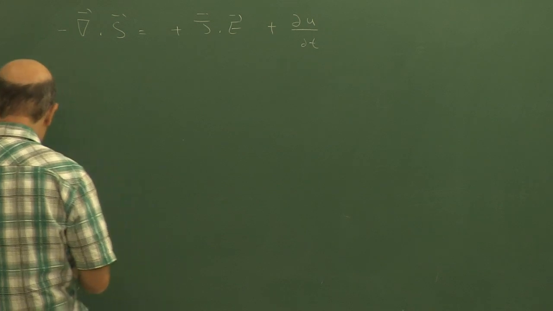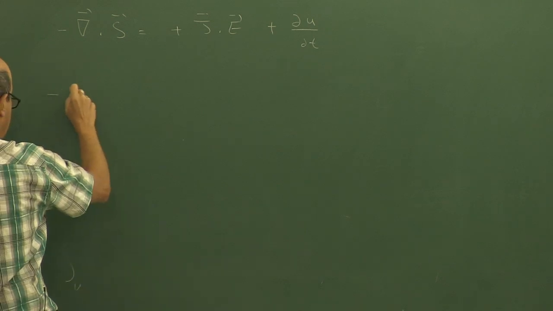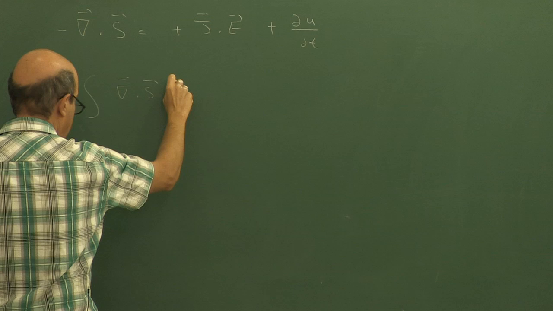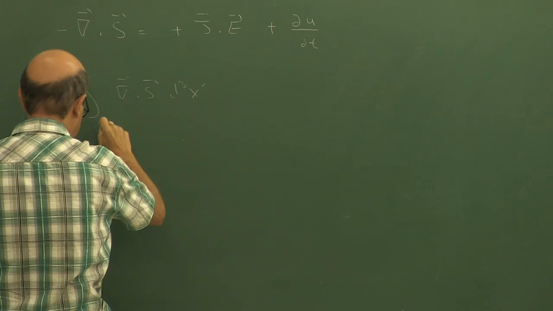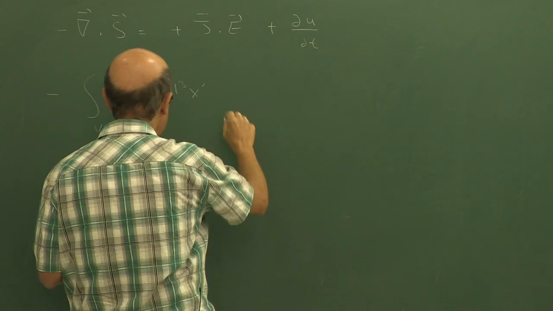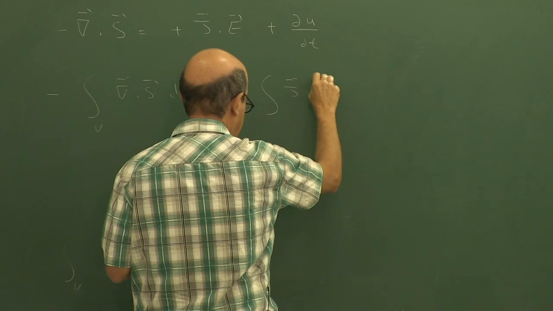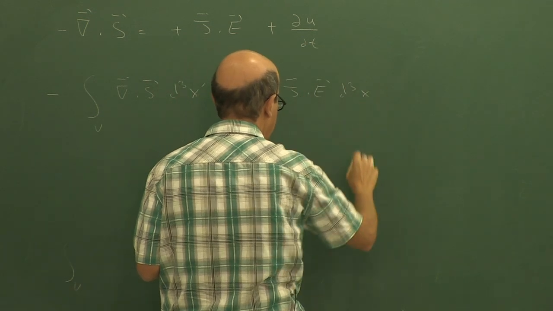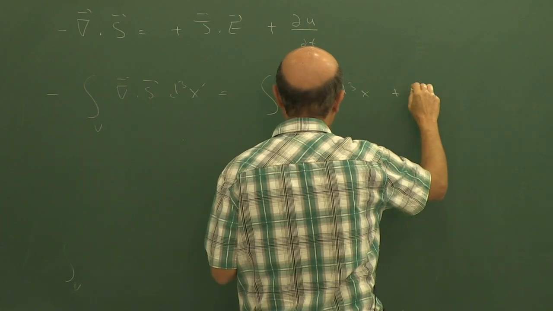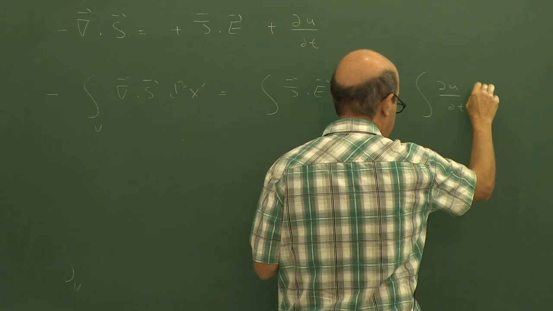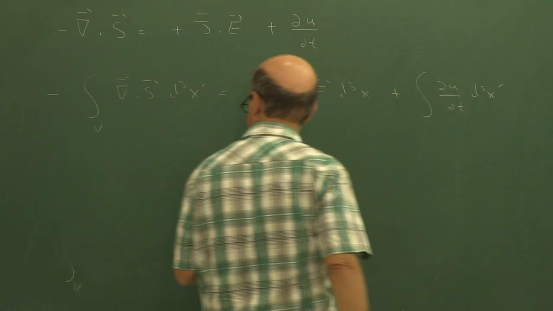And integrate this through the volume. And you have J dot E integrated through the volume, and del U over del T integrated through the volume.